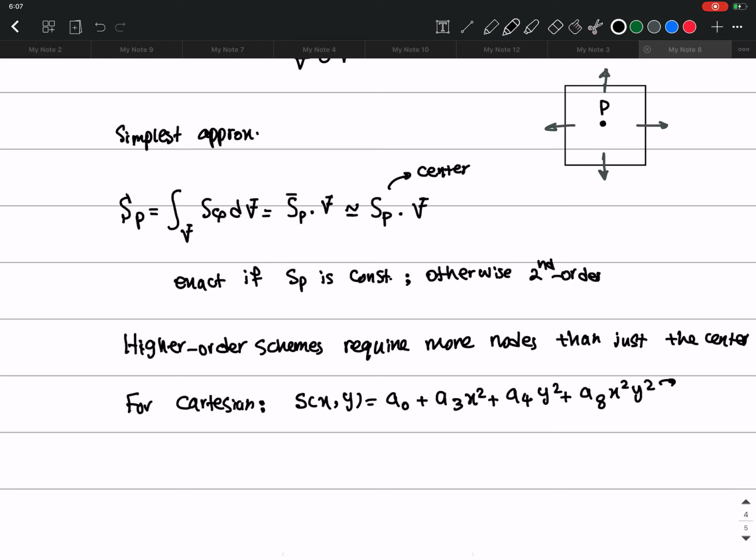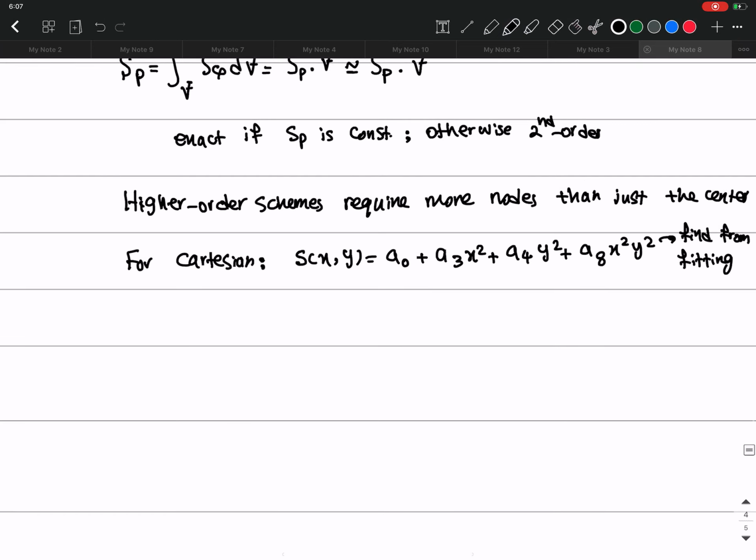So this you can find from fitting. It is a polynomial that we can find from fitting, and then it has other terms that I haven't written, like x, xy, and other things. But for this problem, these are enough.